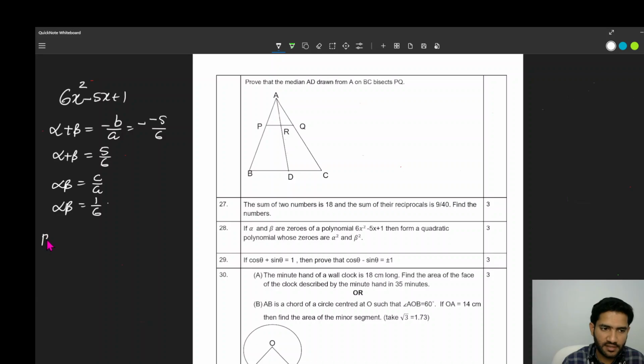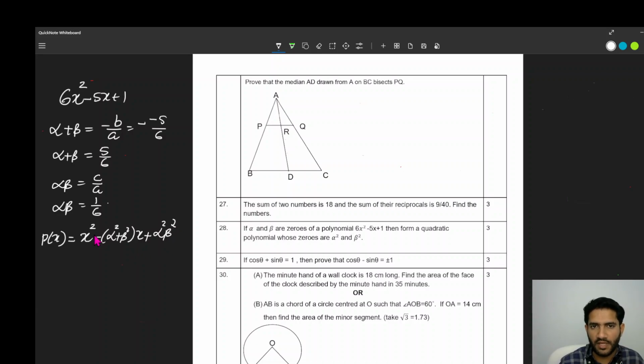So we know that if alpha square and beta square are the zeros, we can find the polynomial: x square minus the sum of zeros, alpha square plus beta square, into x plus the product of zeros, that means alpha square into beta square.